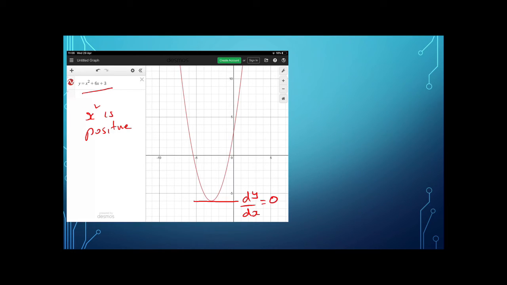And in fact, we have found out the coordinates of that. If you remember, those coordinates were x is negative 3 and y is negative 6. That's negative 6 there, so that's negative 3, and that's the negative 6 there. So the coordinates of that turning point are negative 3, negative 6.